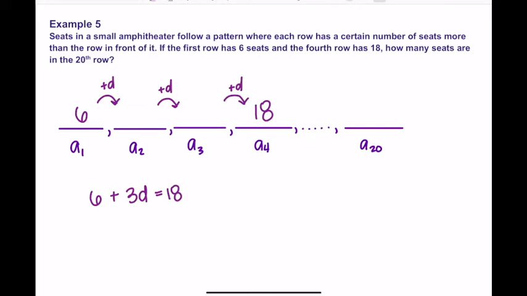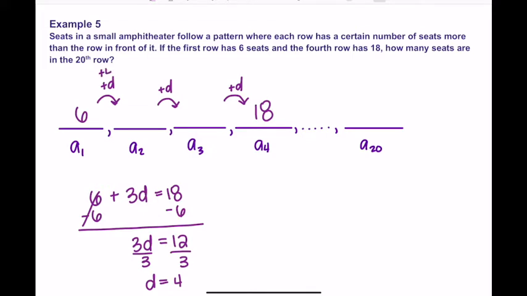We can just solve this little 2-step equation and get d by itself. So subtract 6 on both sides first. That gives us 3d equals 12, and then divide by 3. So d is equal to 4. So our common difference is 4.